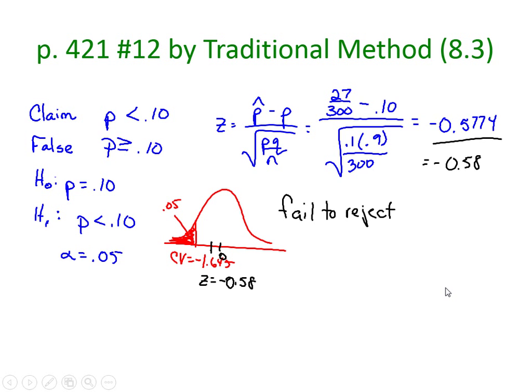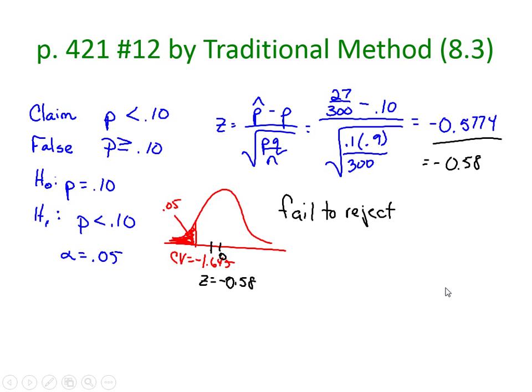So now I go back to using my words. Did my original claim include the equals? My original claim was that P was less than 0.1. Did that include equal? P being less than 0.1 did not include the equal. Did I reject or fail to reject? So there is not sufficient sample evidence to support the claim that, and how did I word the claim?